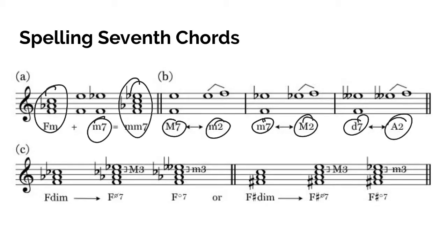A diminished chord, or fully diminished chord: the triad is what makes it diminished. If it's half diminished, it's a diminished triad with a minor seventh on it, or a fully diminished triad with a fully diminished seventh. You can also think about fully diminished chords as a bunch of minor thirds stacked on top of each other.